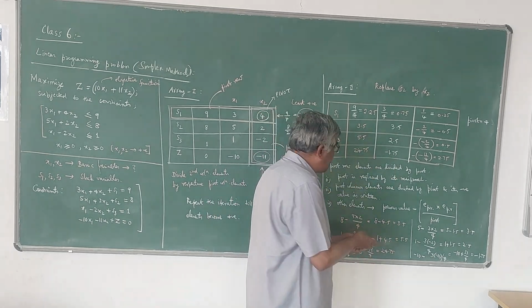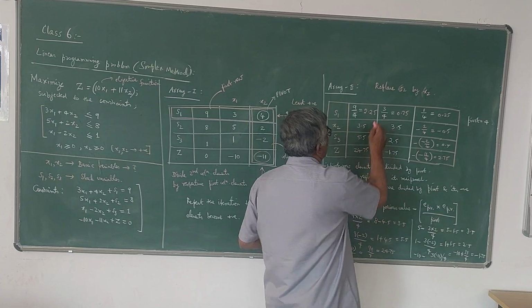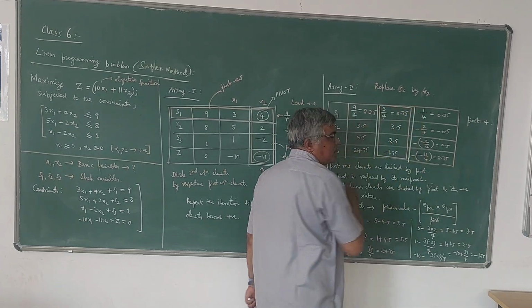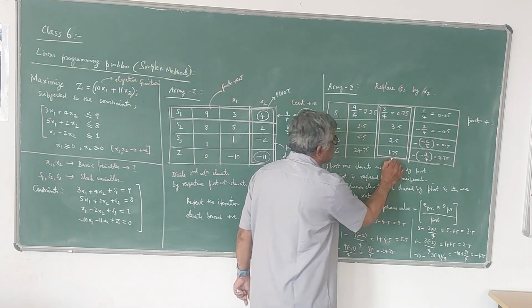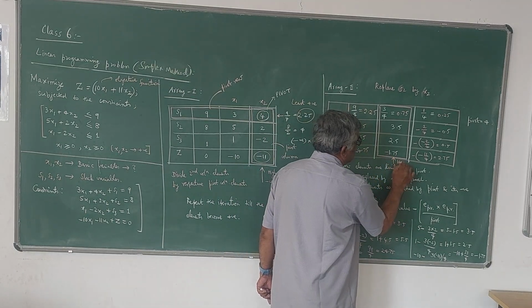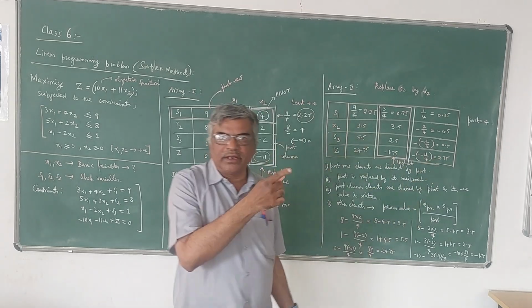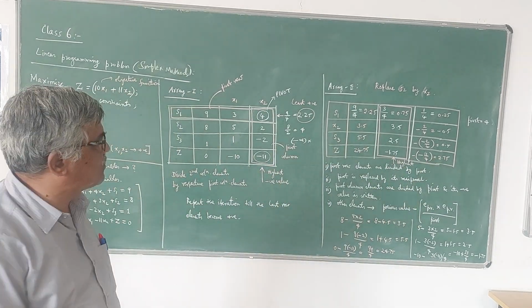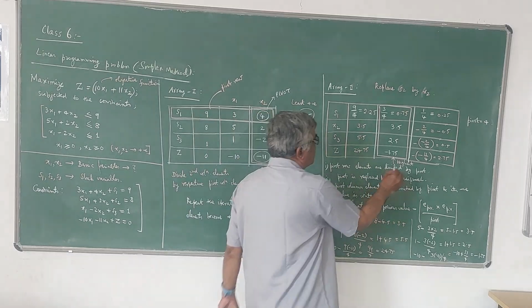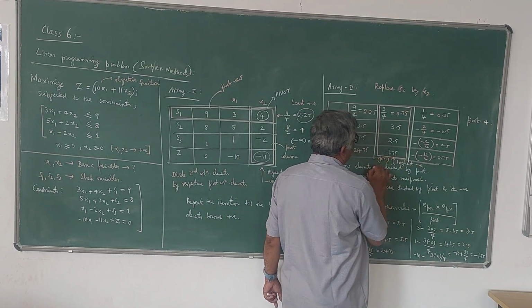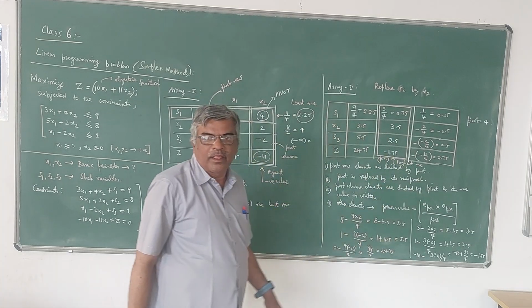So this becomes the pivot column, because this is the highest negative. The other two are positive. Only one negative is there, that itself is the highest negative value. Now we have to fix the pivot row.